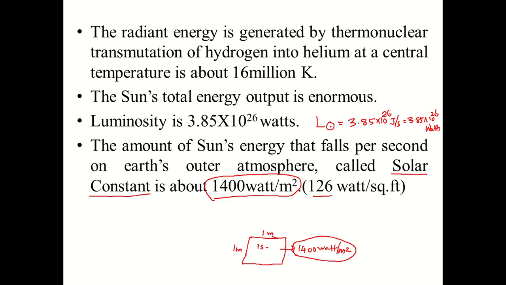That means the total energy which we are using on the surface of earth nowadays in a week will be provided by the sun in a 1 meter square area in 1 second, so that you will understand how big this value is. 1400 watt per meter square, the solar constant.